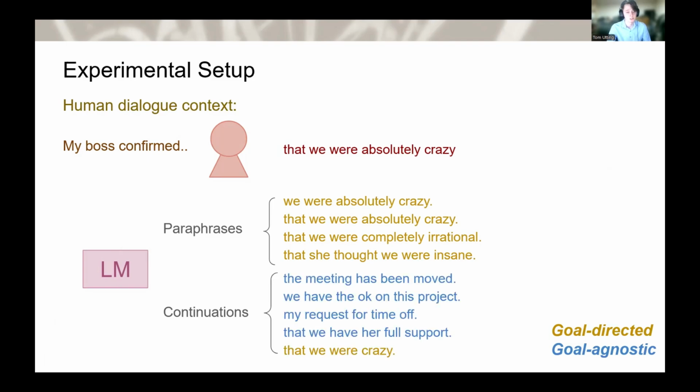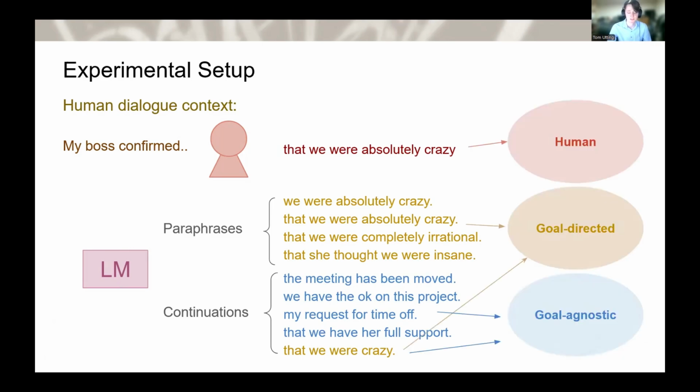To generate goal-agnostic alternatives, we generate continuations conditioned only on the preceding context. These alternatives are plausible in the dialogue, but they are not constrained to express the same communicative goal as the original human continuation. We then use an LLM judge to group paraphrases together, forming the goal-directed set.